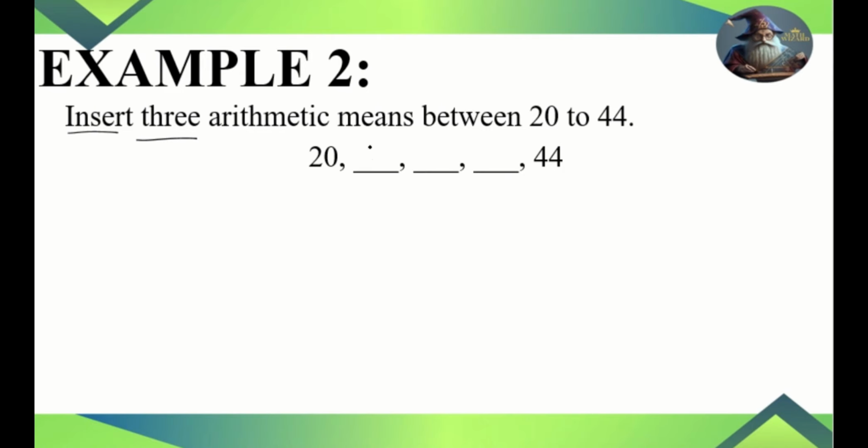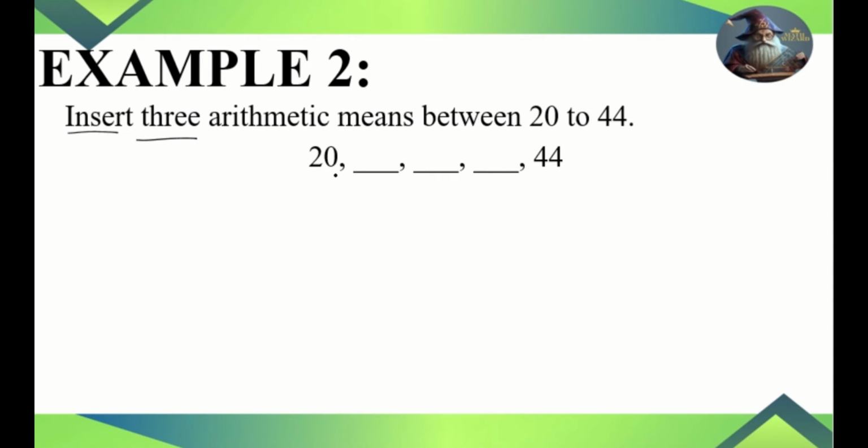Ngayon, para makuha yung value nito, kailangan muna nating alamin yung difference niya. Kasi hindi naman natin pwedeng 20 divided by 44 is equal to the number. No. Okay? So, ang gagawin natin dito is kunin muna natin yung difference niya.